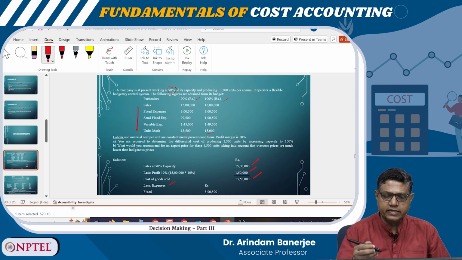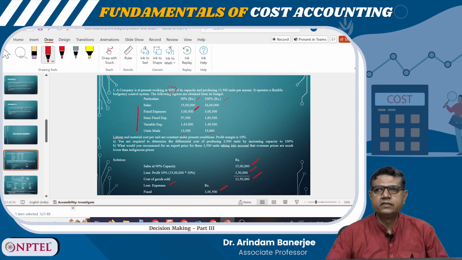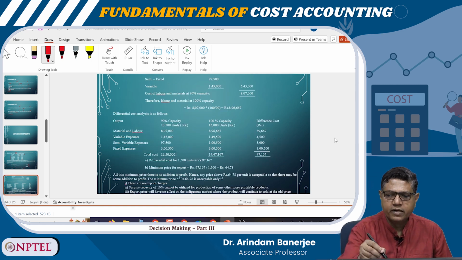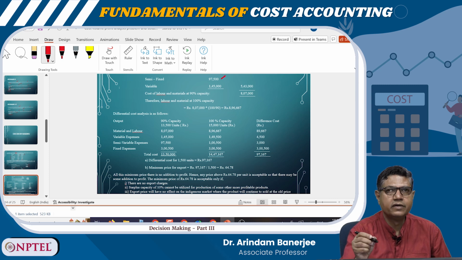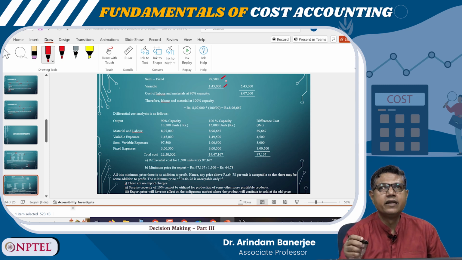You see, the fixed cost is given as 3 lakh 500 here. Semi fixed expenses 97,500, it is given in the question. Variable cost is 1 lakh 45,000. If you make the total, it comes to 5 lakh 43,000.